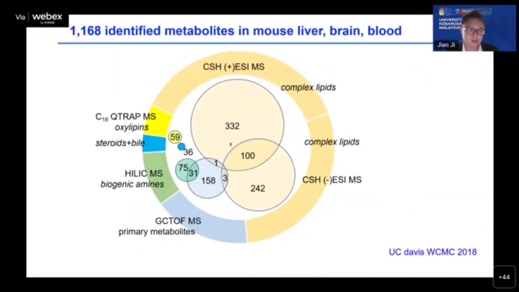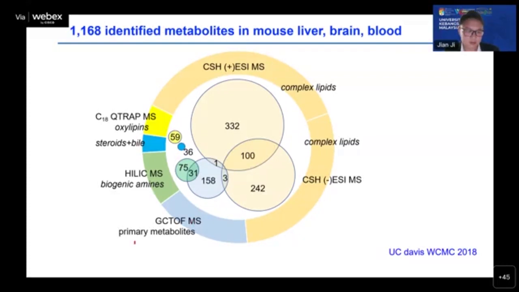There is a study published by the UC Davis West Coast Metabolomics Center. They detected metabolites using different platforms, LCMS combined with GCMS, in mouse liver, brain, and blood. In total, they identified a little over 1,000 metabolites, and most of them are lipids, so they used LCMS for lipidomic study.